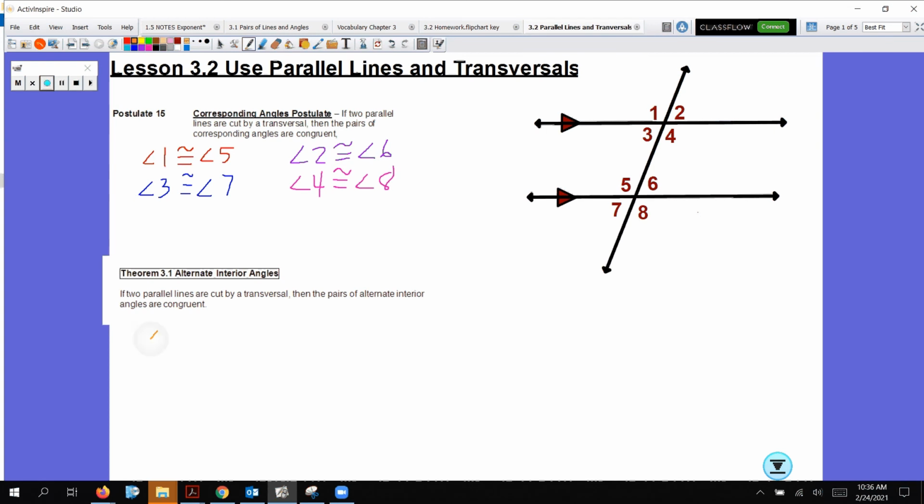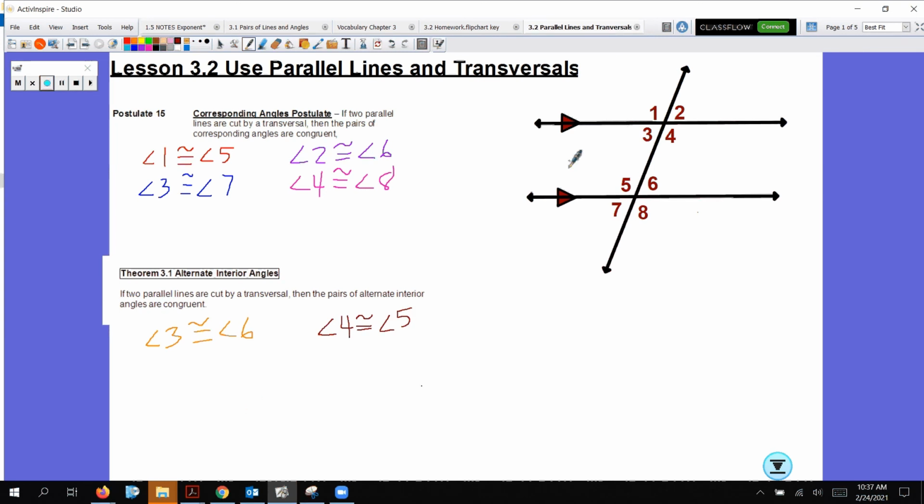So angle 3 is congruent to angle 6 because they're alternate interior. And then the other pair of alternate angles I have are angle 4 and angle 5. They are alternate interior, which makes them also congruent.